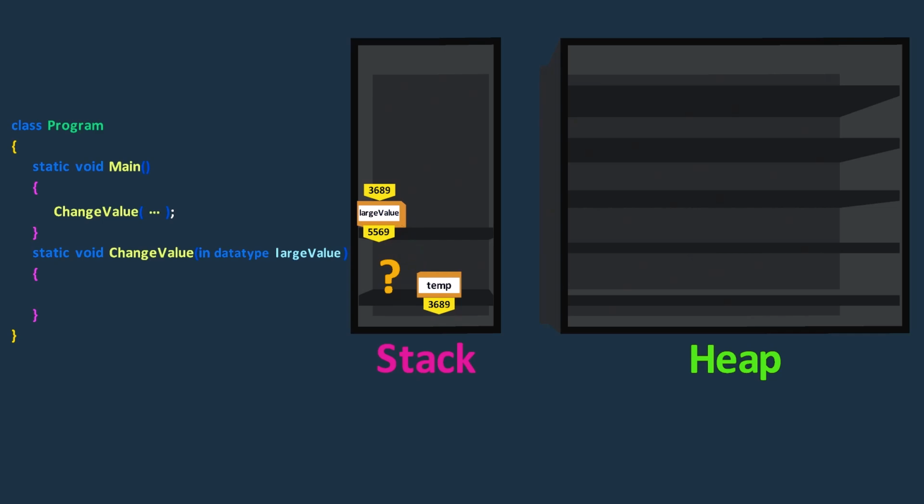However, this approach goes against the optimization reasons that lead us to use the pass-by-reference technique in the first place. By using the in modifier in the method call, we can avoid this extra step of creating a temporary variable.